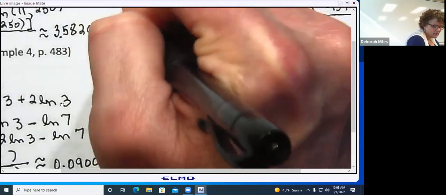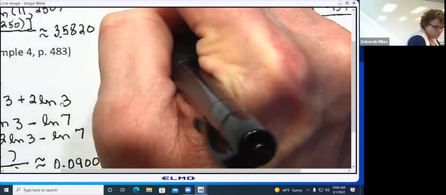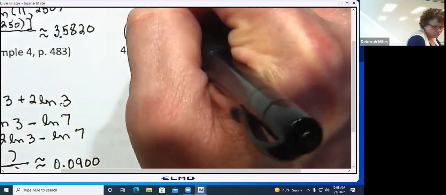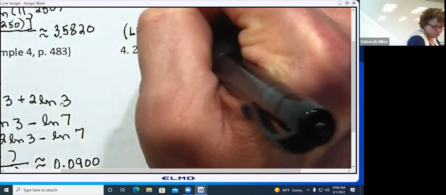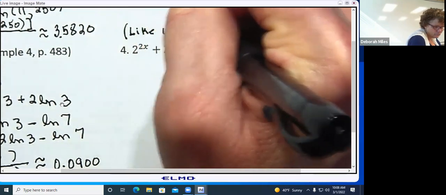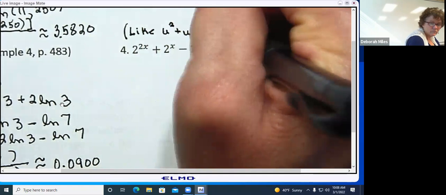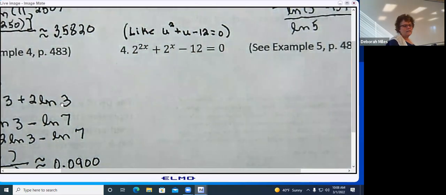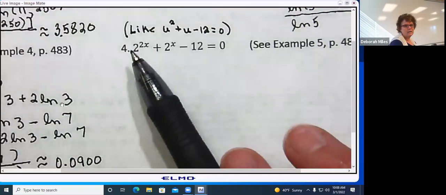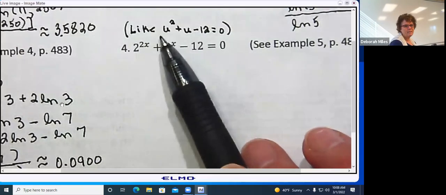Let me show you what this is kind of like. This helped me in a lot of math classes too.